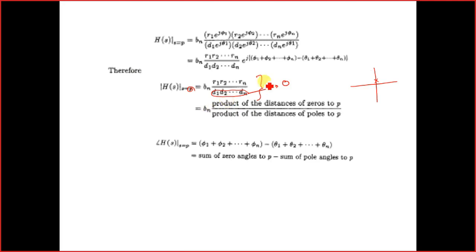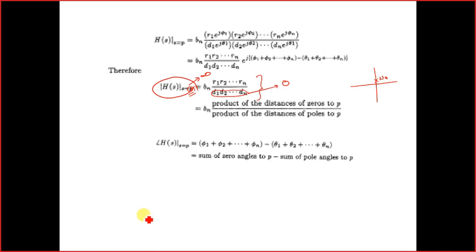So what will happen? The modulus of the transfer function would be infinity when we analyze the amplitude response at that particular omega naught frequency where we have placed the pole.